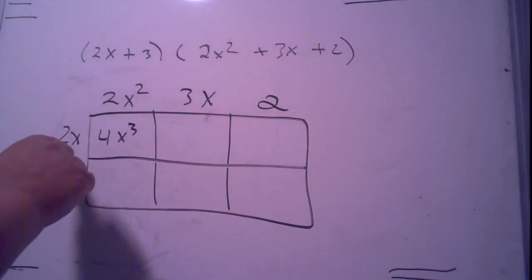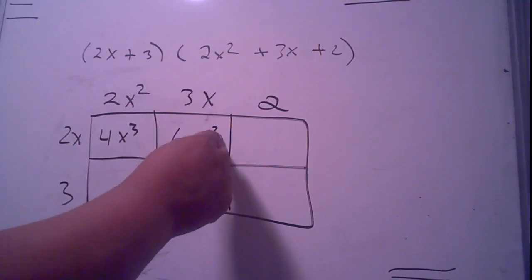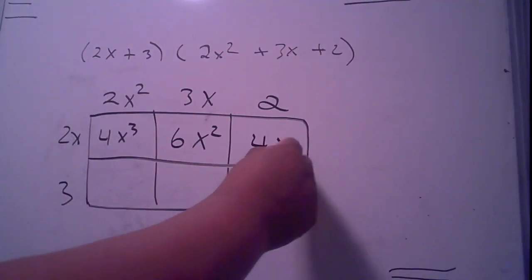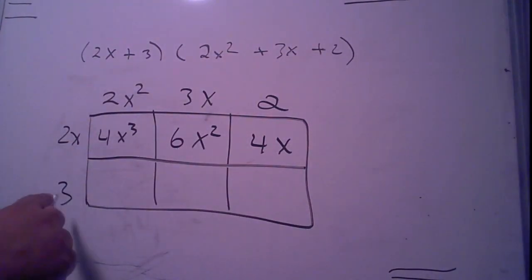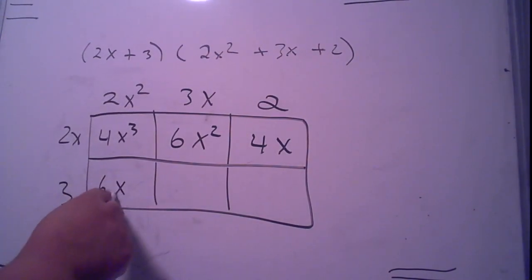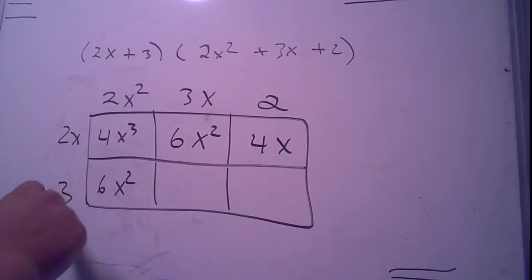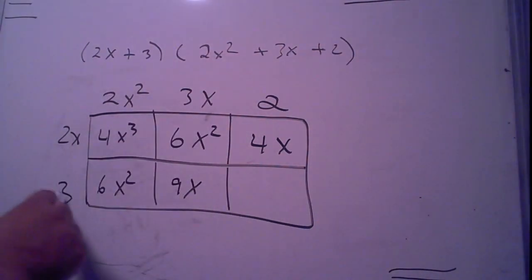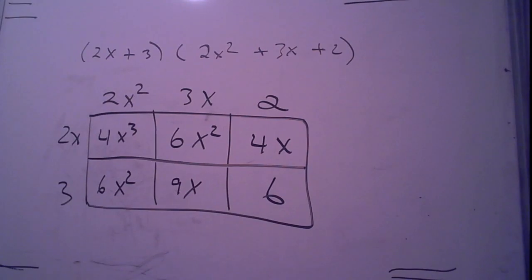And then 2 times 3 is 6. x times x is x squared. And then 2 times 2 is 4, and we have an x here. Now this one, 3 times 2, 6x squared. And then here, 3 times 3 is 9x, and then 3 times 2 is 6.